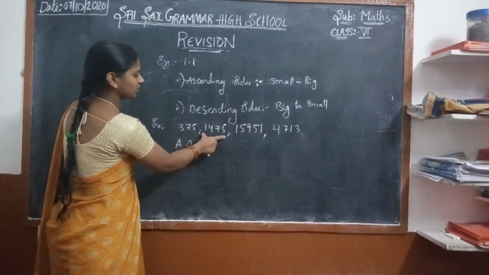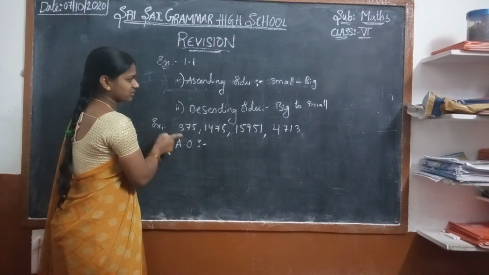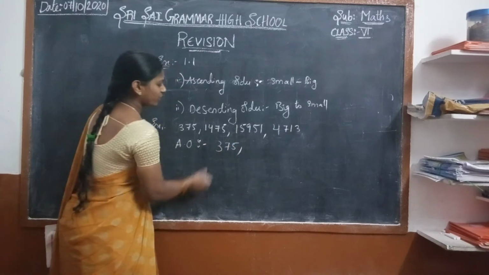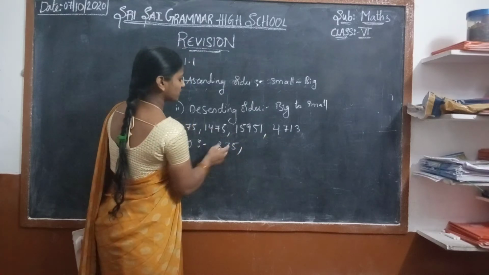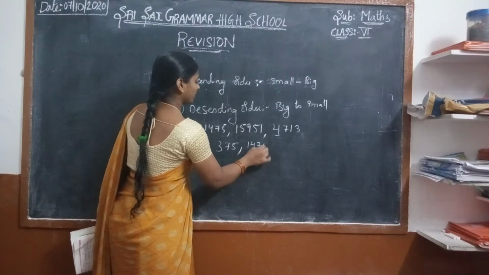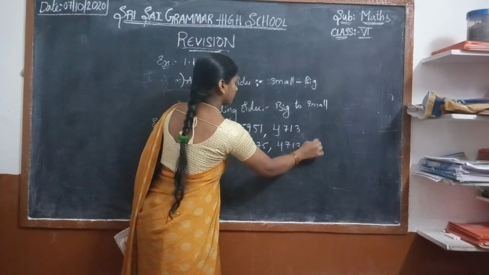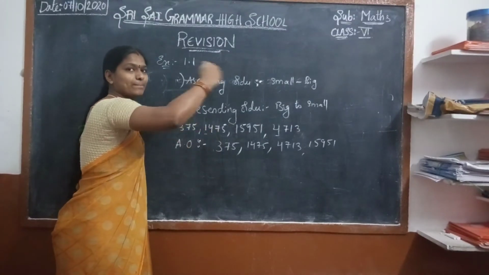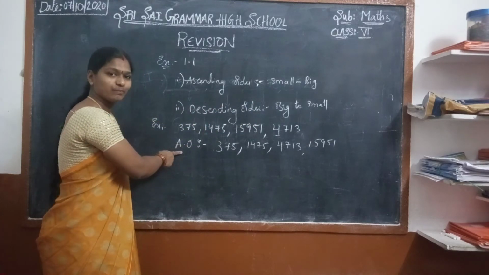Here 3 digits, here 4, here 5, here 4. The 3-digit number is the smallest, so 375. Then comparing the 4-digit numbers, 1475 and 4713, 1 or 4? 1475 is smaller. Next 4713. Next the 5-digit number. You can write like this, from small to big, which is nothing but ascending order.